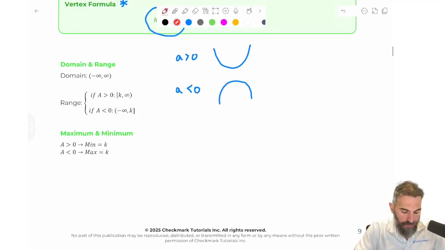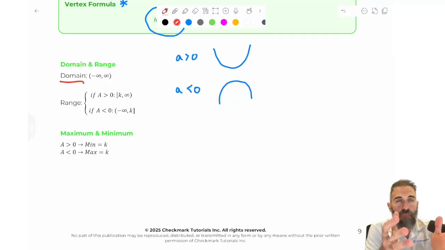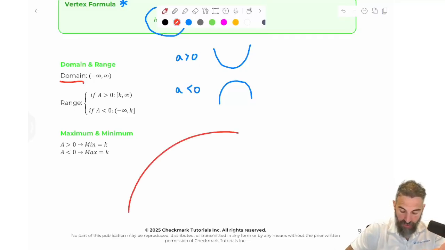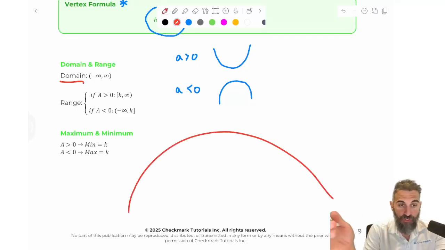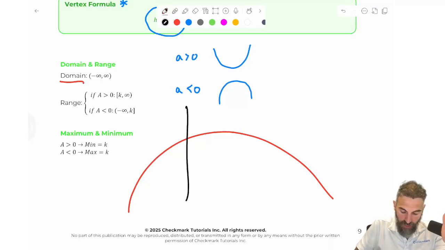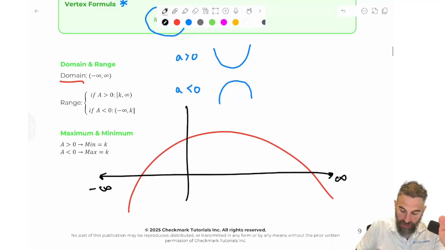The domain is the values of x that are possible. When you're dealing with quadratic functions that are basically a parabola, they go from negative infinity to positive infinity on the x-axis. But for the y-axis, which we call the range, it does not.